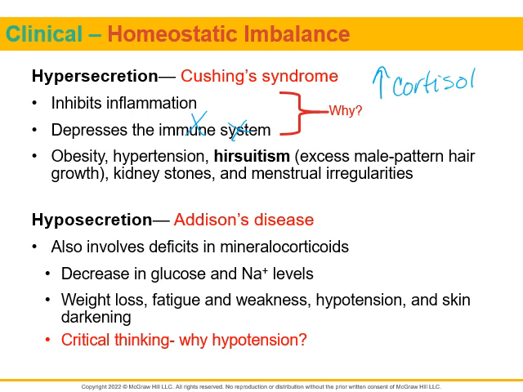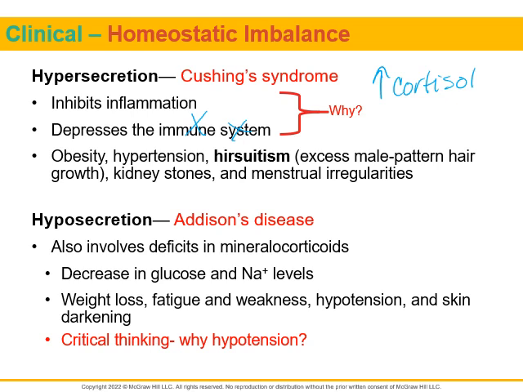I don't really care about my immune system, right? I'm not worried about fighting infection. So if you have increased cortisol, you're going to have increased glucose, and it's going to inhibit your inflammation response and depress the immune system.